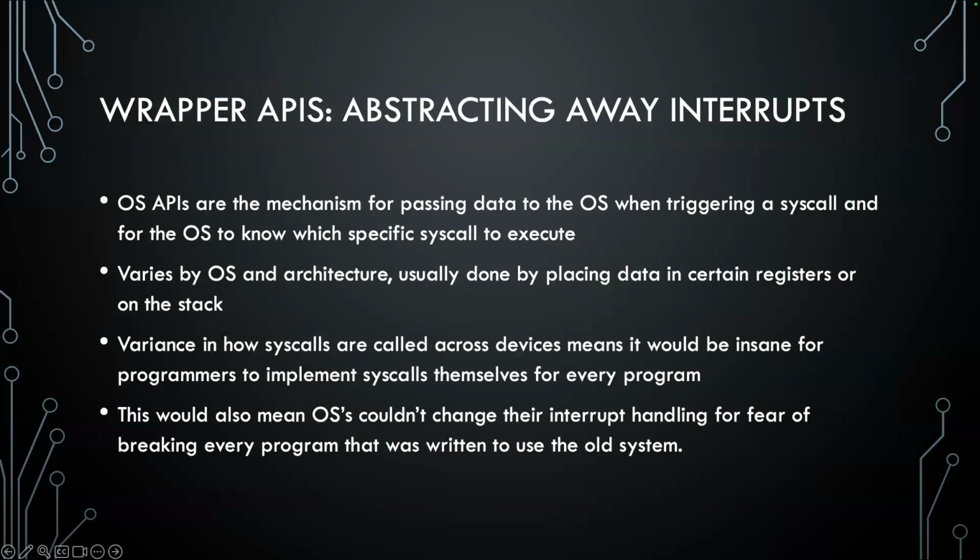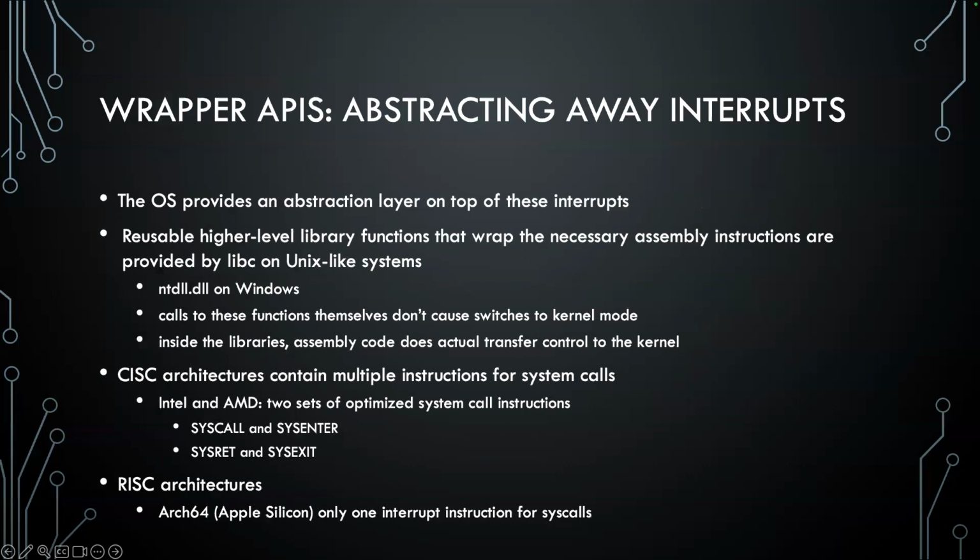Okay, wrapper APIs, I think I already covered that. So yeah, this is way more detailed than I need. Like DLL files on Windows, right? Those are library functions that wrap the assembly instructions for libc. You're going to see a lot of DLL files on Windows.